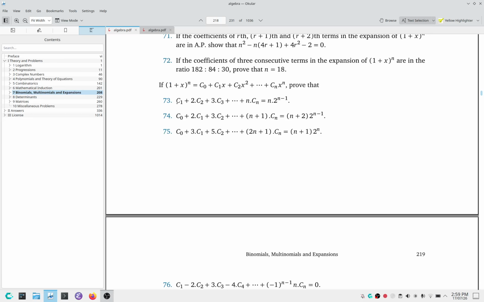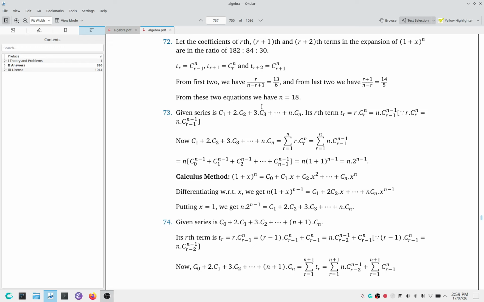So question 73 one is we have to prove that C1 + 2C2 + 3C3 up to nCn is equal to n times 2^(n−1). So here if you see the rth term, it would be r times nCr, which is equal to n times (n−1)C(r−1).